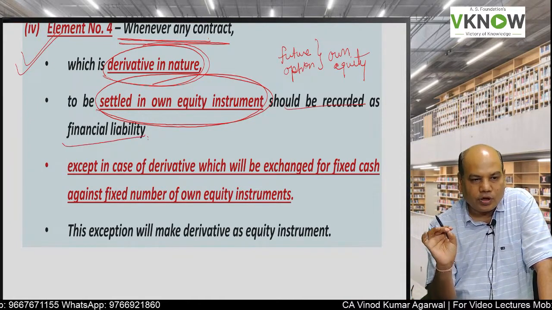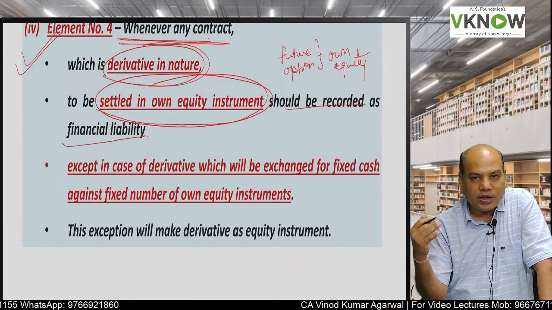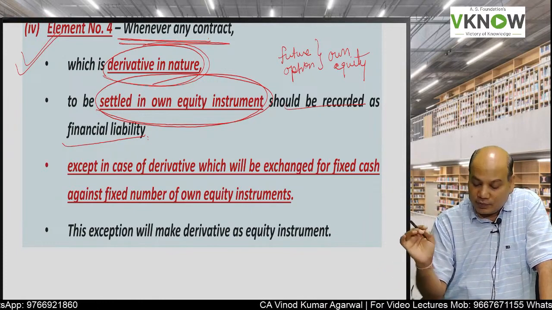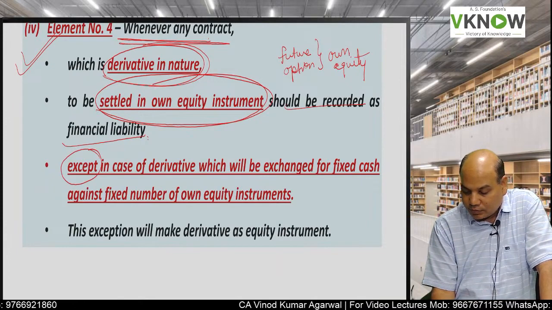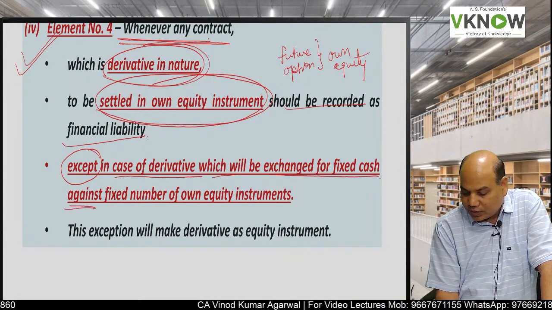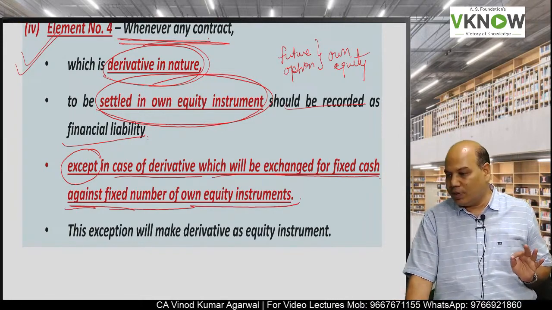So a derivative contract like option, future which will be settled in the form of own equity instrument will be treated as a financial liability except in case of those derivatives which will be exchanged for fixed cash against a fixed number of own equity instruments. Very important.